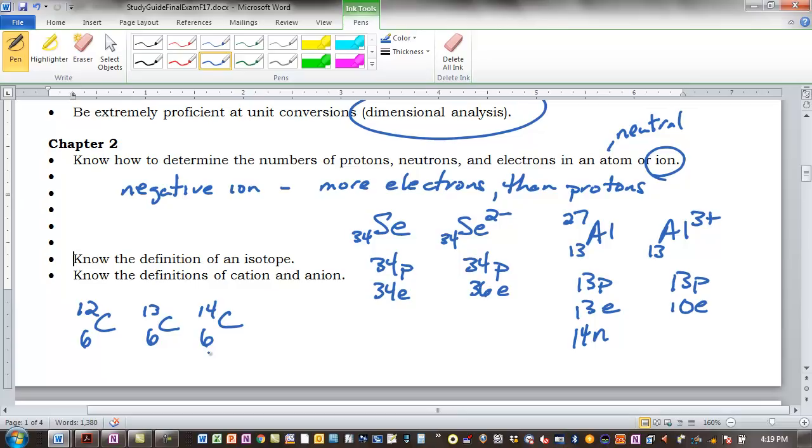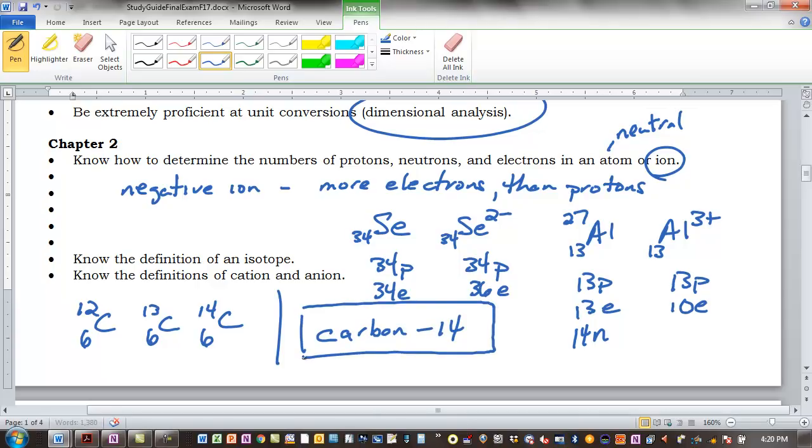And particularly speaking, the one that's subscripted to the left on the bottom, right? This one here, the 6? Yeah. Well, you could be given something like, we could write it like this. We could say carbon 14. So just by saying the element name, I've identified the number of protons, right?